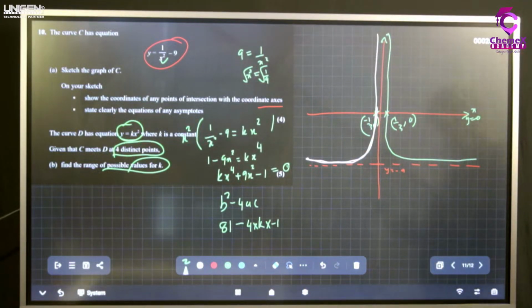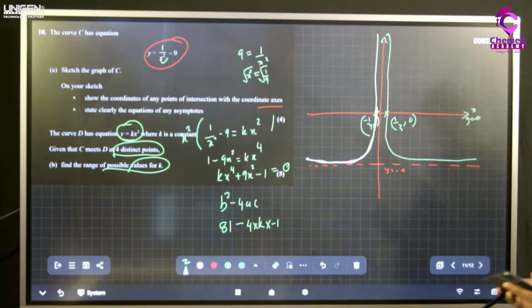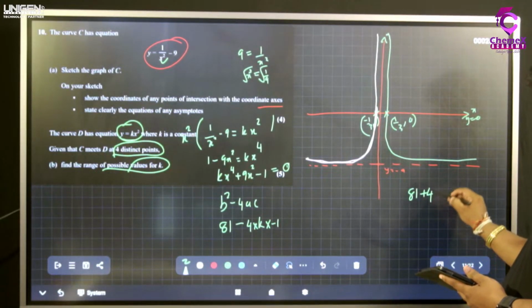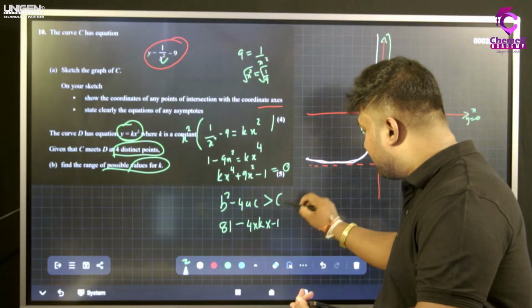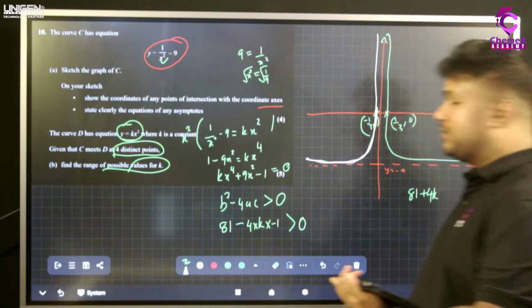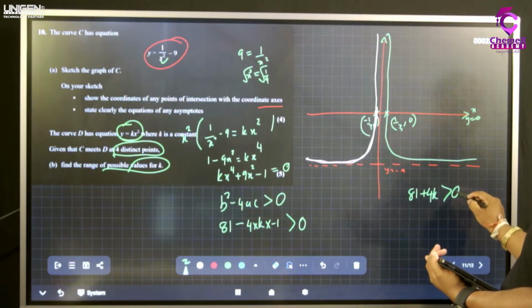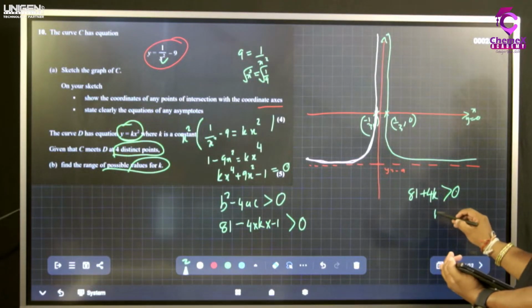So that's equal to 81 plus 4k. 4 distinct solutions, what do you mean by that? It is larger than 0, because there are 2 solutions. For x squared there are 4 solutions. Understand?